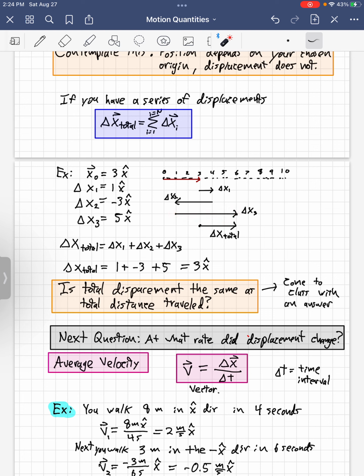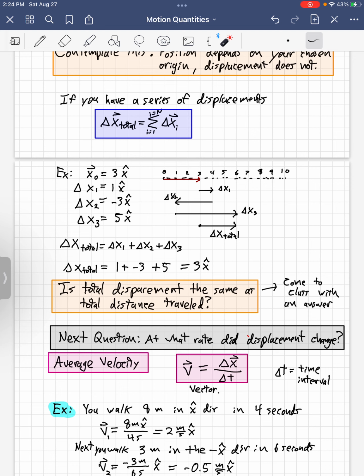So you can see we're kind of using this tip to tail method that we used to add vectors earlier, starting here, going there, moving here, and then our total displacement, to get that, we just add all of those up. 1 minus 3 plus 5 gives us 3 in this direction, right? +3 is our total displacement.